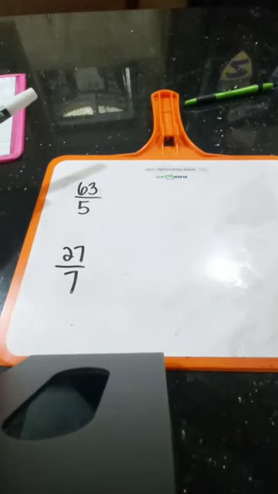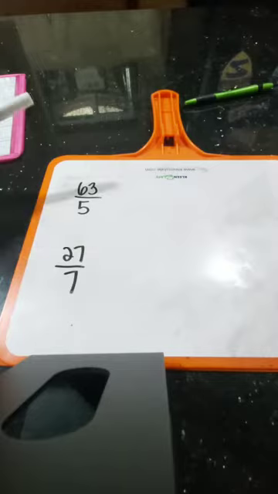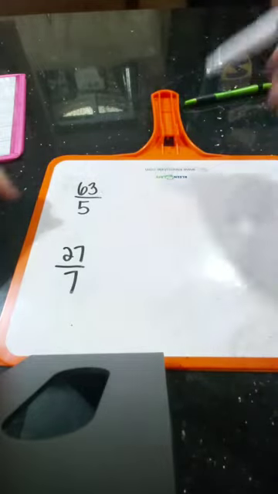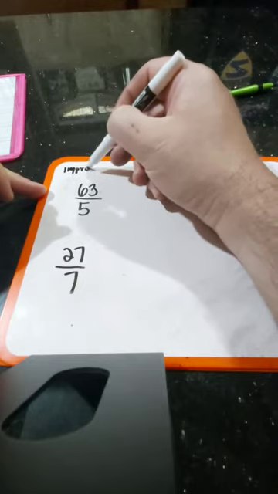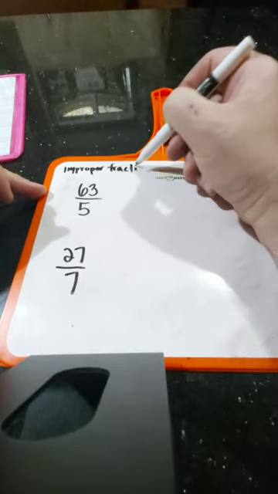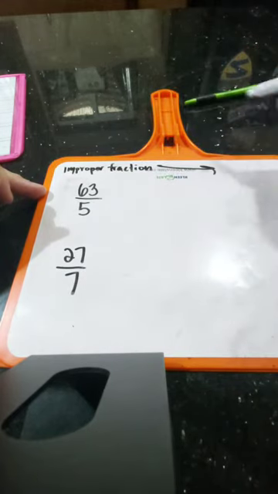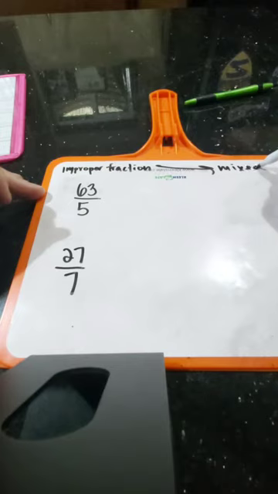Let's jump into the answers for the first 2 problems, which are 63 fifths and 27 sevenths. Again, these are called improper fractions, and we're going to turn them into mixed numbers.